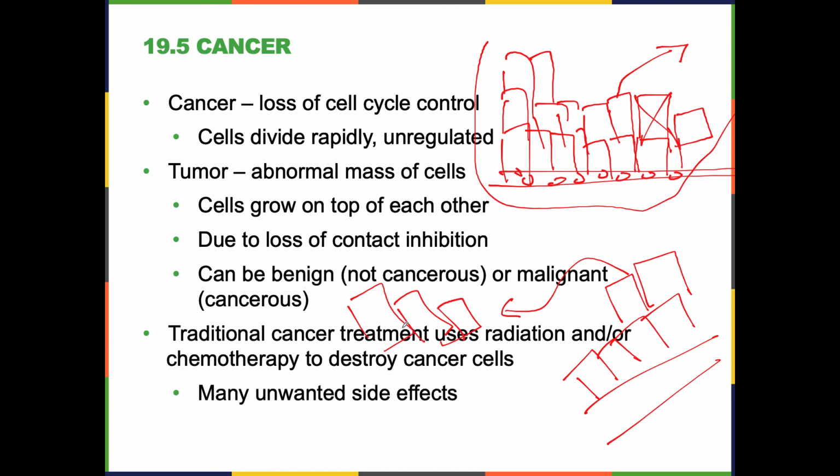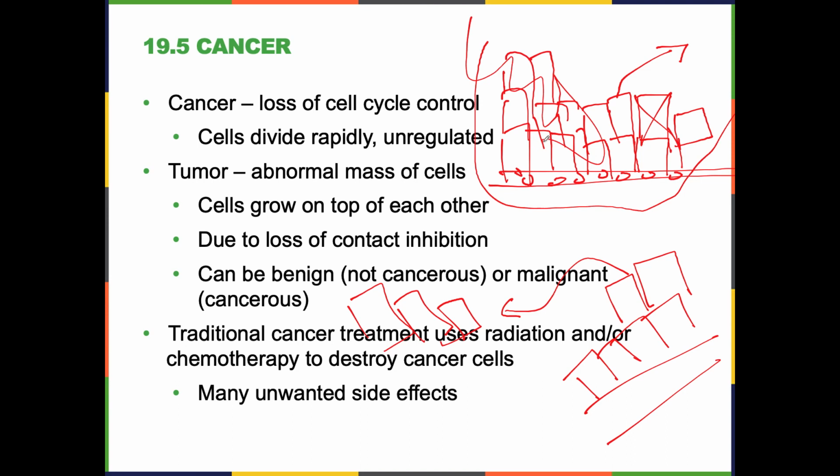Traditional cancer treatments use radiation. So what they do is they zap right there, wherever there are tumorous cells and cancerous cells. And then chemotherapy. Remember, chemotherapy just means using drugs to kill things, whether it's bacteria, or in this case, drugs that selectively target rapidly dividing cells, like cancer cells, right?